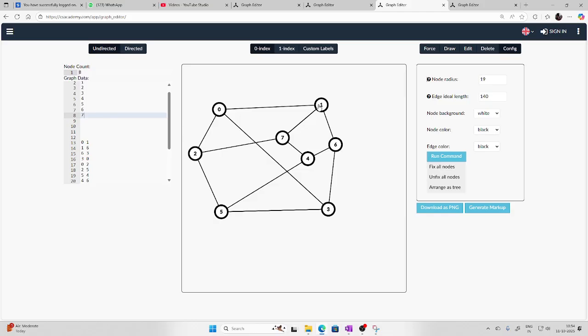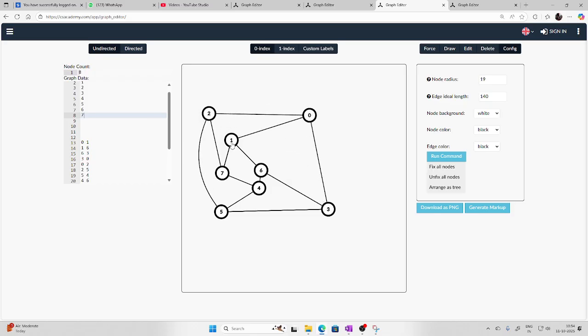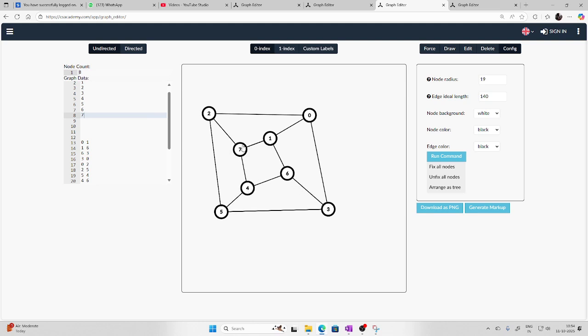Okay, so let me bring everything onto this side, and now write it properly. Now look, this is a perfect example of a plane graph, no edge intersects. So the graph which I have shown you previously was an example of a planar graph.